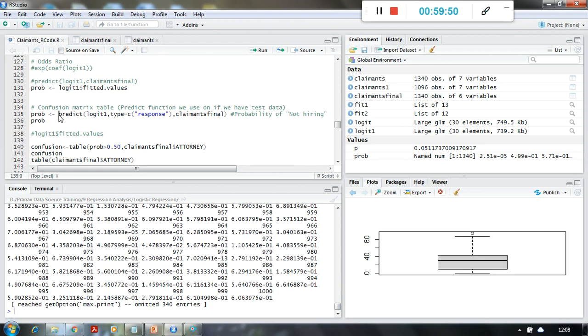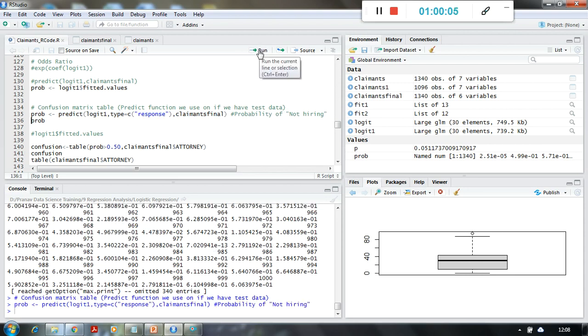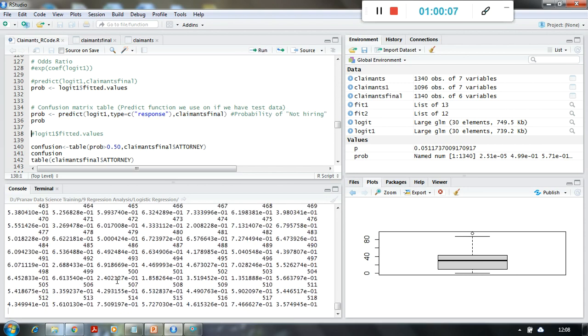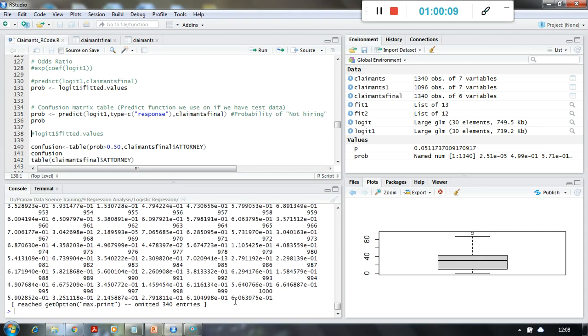Similarly, I can even use the predict function, give my model name, give the type as response, and give the data set and get the probabilities. If I write this in this way and check the probabilities, I am getting the same probabilities as an output, because these are predictions now.